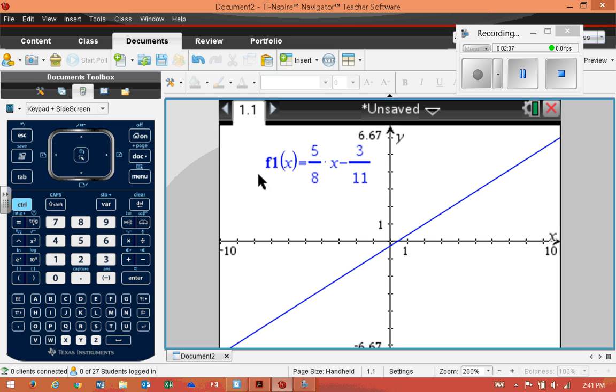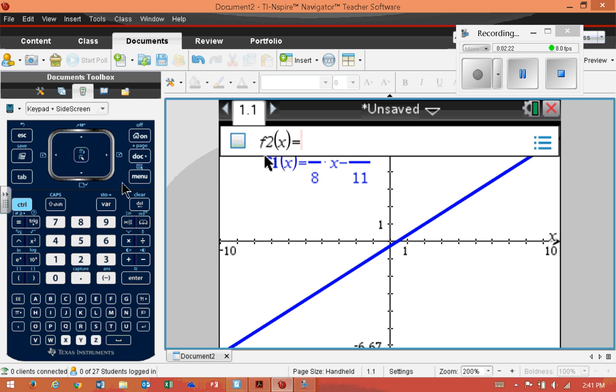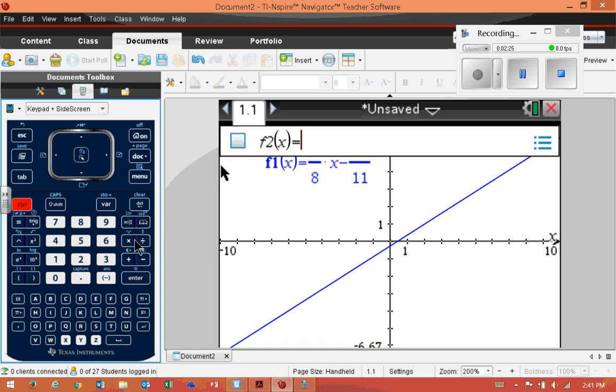All right, so let's look at the other graph. Let's go into the second graph, and press tab to get that line back, and this time we'll put in another fraction.